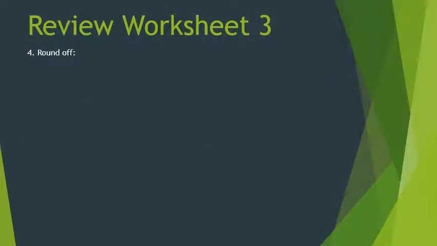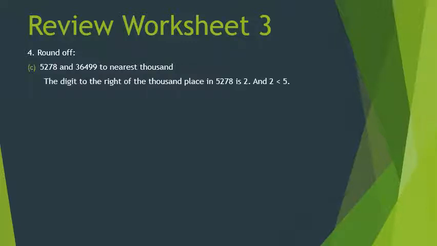Now let's come to the C part of question number 4. Round off 5278 and 36,499 to nearest thousand. So first let's come to 5278. The digit to the right of the thousand place where we have to do the round off in 5278 is 2.